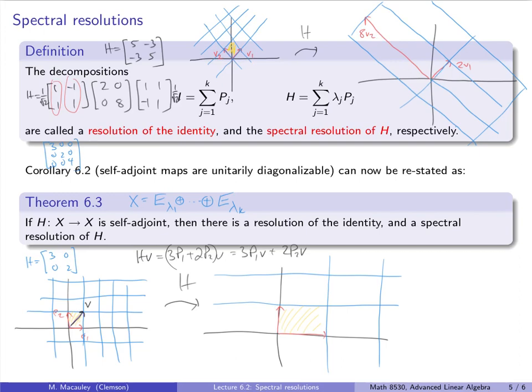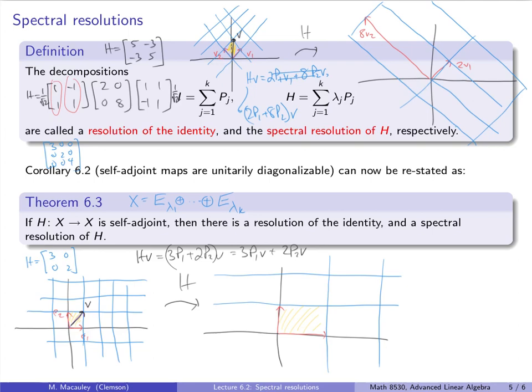So in other words, if we have some vector v up here, H times v equals 2P1 plus 8P2 times v.